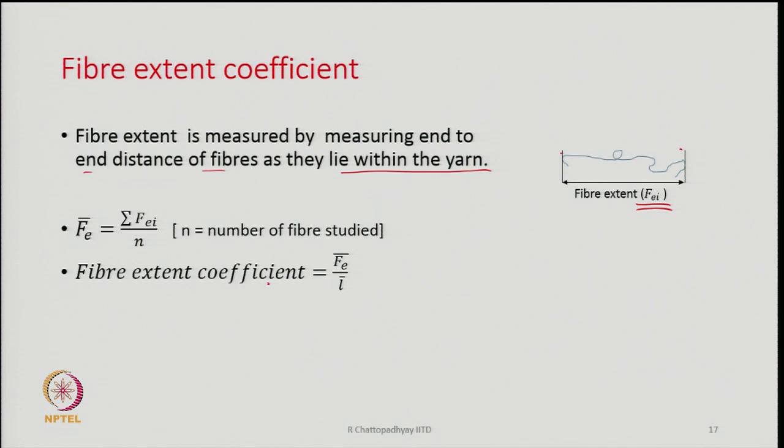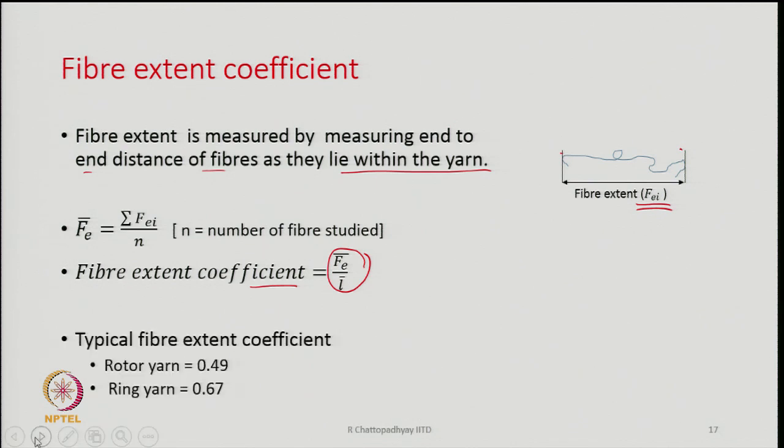and then you can find the fiber extent coefficient, which is the ratio of these two, Fe bar by the average length of fiber L bar. This ratio will give us some idea what percentage of the fiber length is actually utilized in the yarn.